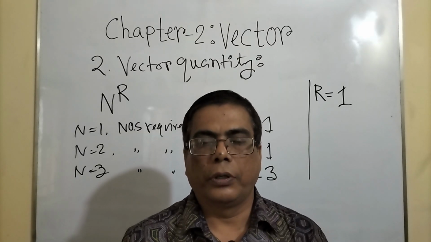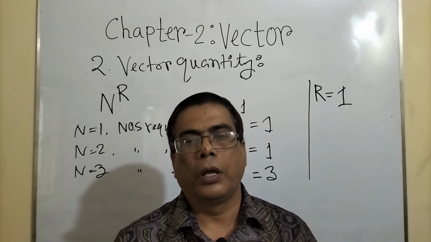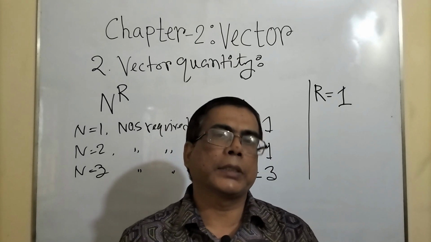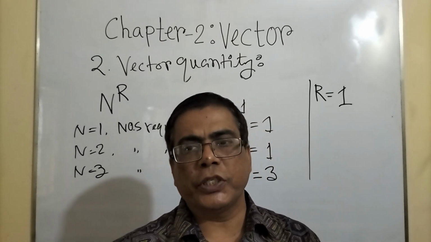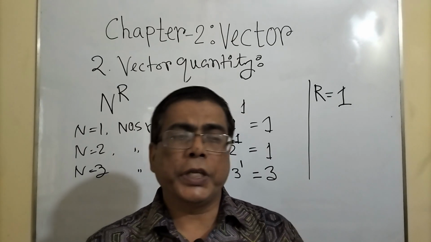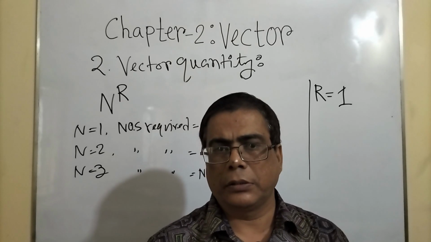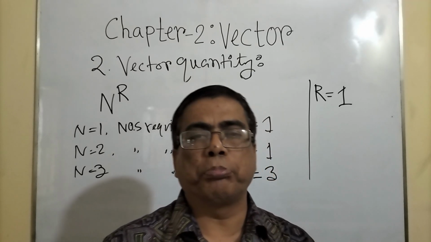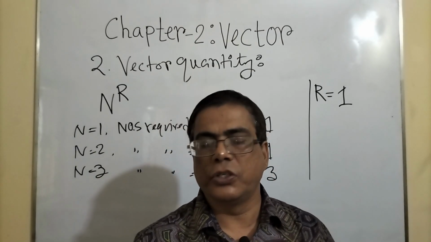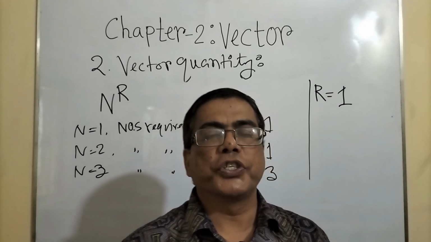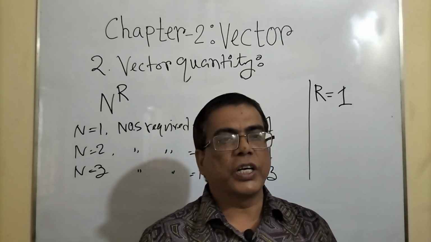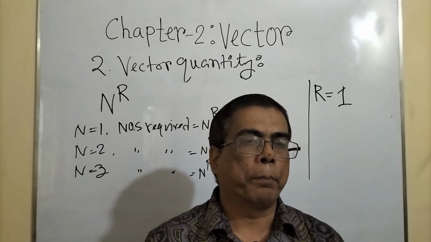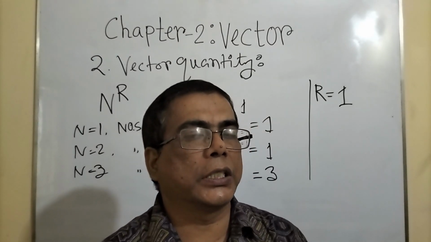Now we see why displacement is vector quantity. What is the definition of displacement? In a specific direction, the change of position of an object is called displacement. So, the displacement has a magnitude and a direction.